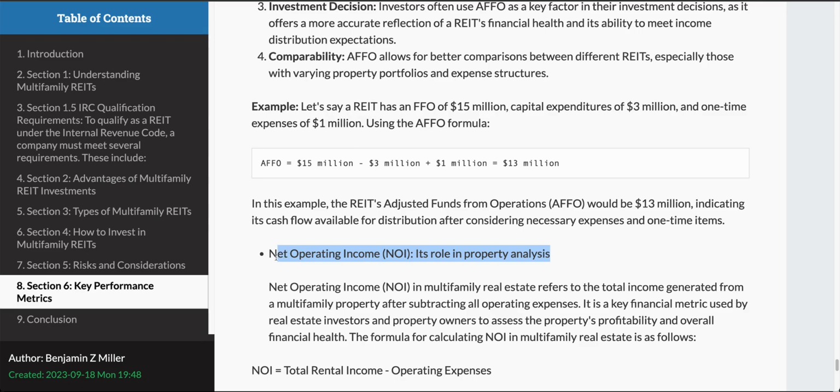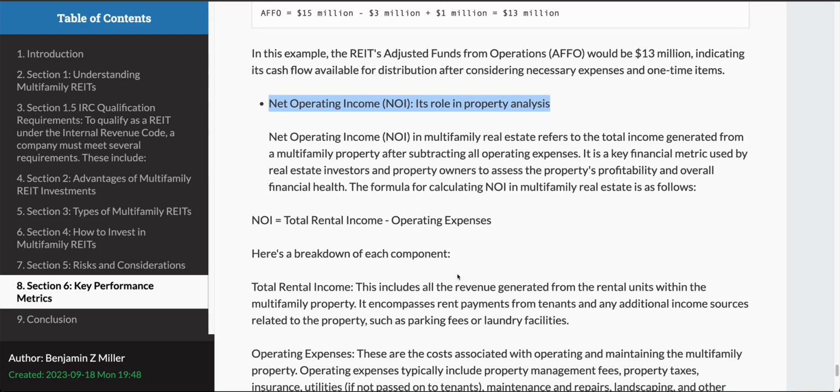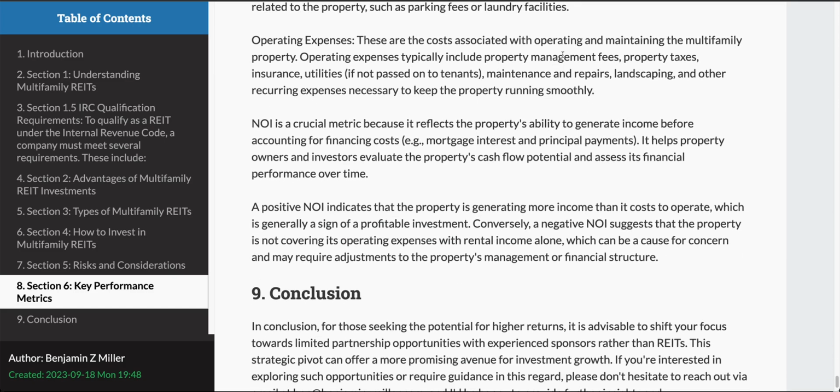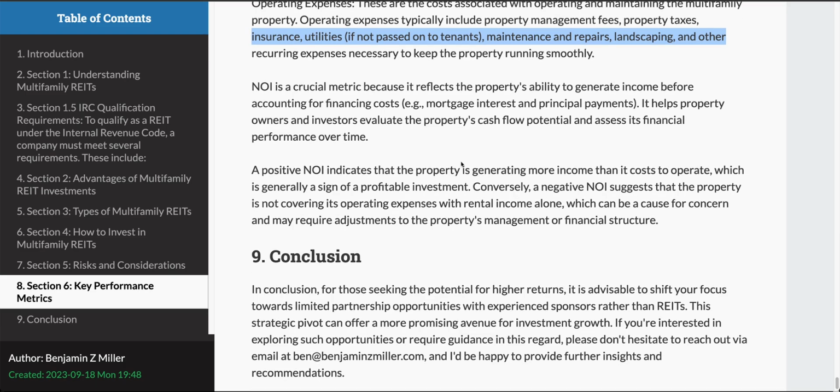And then of course there's net operating income. That's always important. That's a relatively simple one. You just take the total rental income and subtract the operating expenses. The operating expenses are things like property management fees, property taxes, insurance, utilities, maintenance, repair, landscaping, lots of different things.